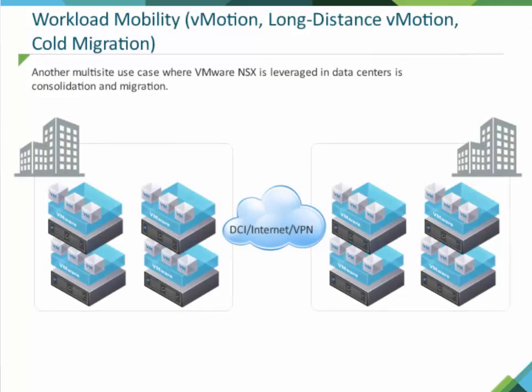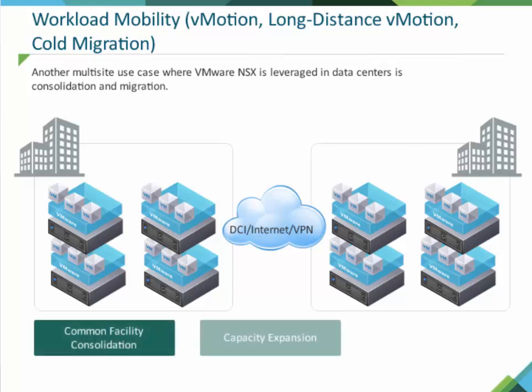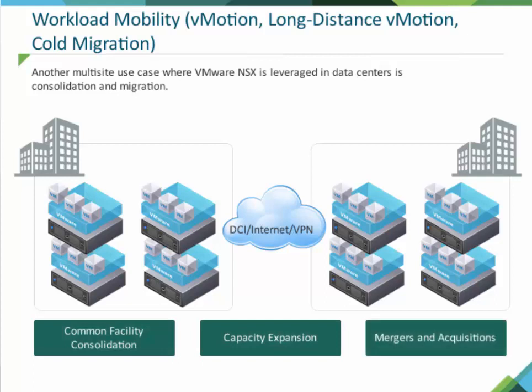Lastly, another multi-site use case where VMware NSX is leveraged in data centers is consolidation and migration. A common facility consolidation, capacity expansion, or mergers and acquisitions are used to bring acquired assets into your data center.